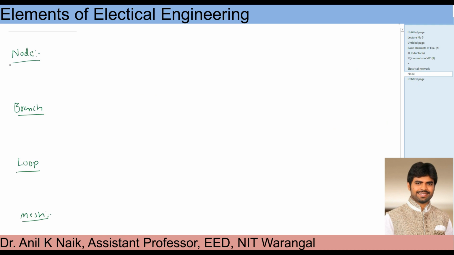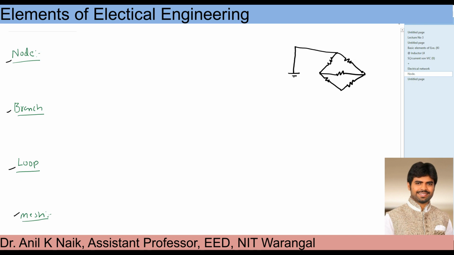Now we are going to define what is a node, what is meant by branch, what is meant by loop, and what is meant by mesh. In order to define these four terminologies, I'm going to consider an electrical network here. This is the network I'm going to consider in order to define what is node, mesh, loop and branch.